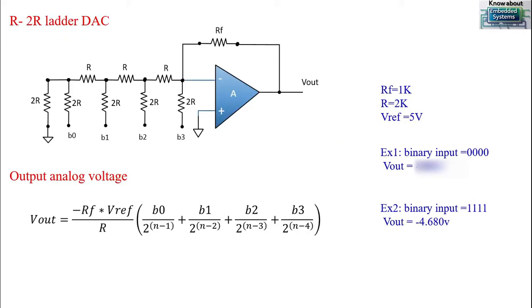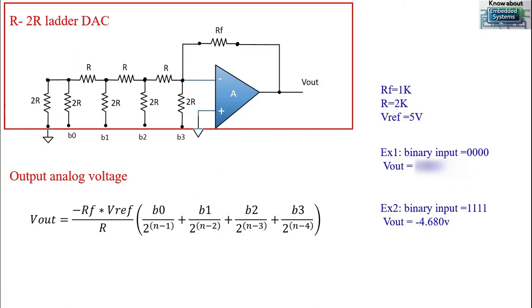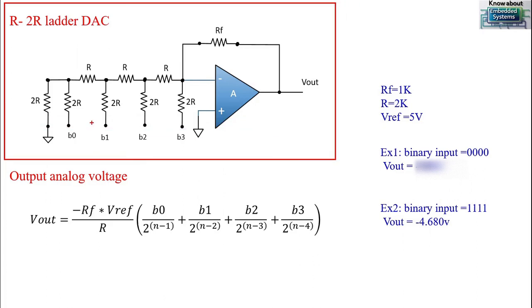This is called an R-2R DAC, one of the most important DACs, used in most microcontrollers. If you take any microcontroller, they will preferably use an R-2R DAC. This is a simplified circuit diagram of the DAC. It uses resistor ladders to produce the analog output.